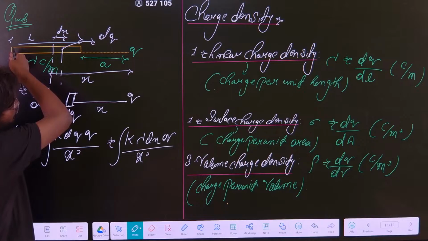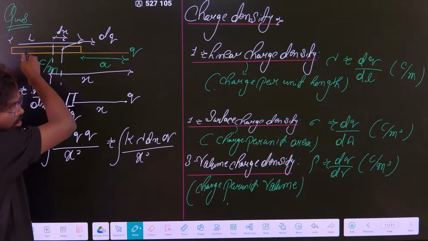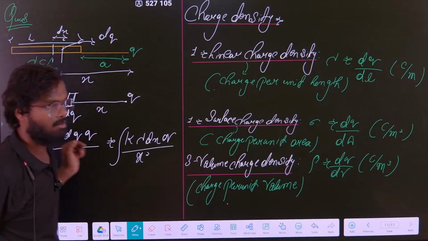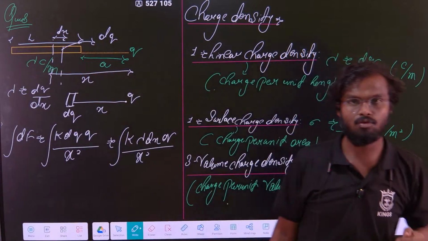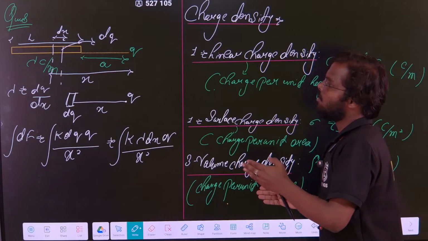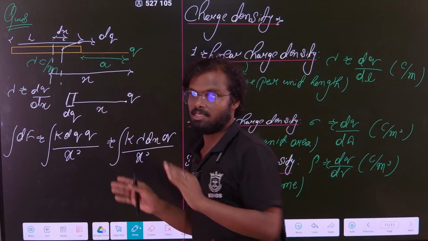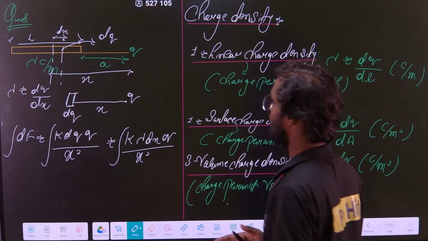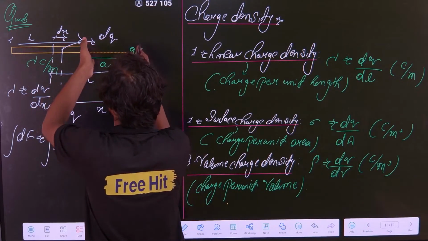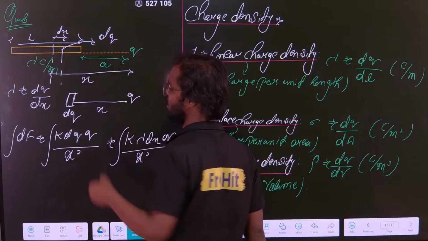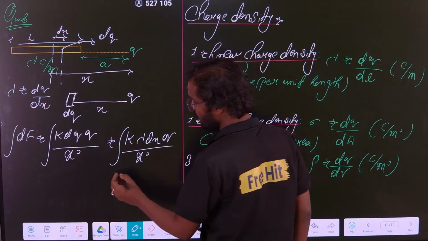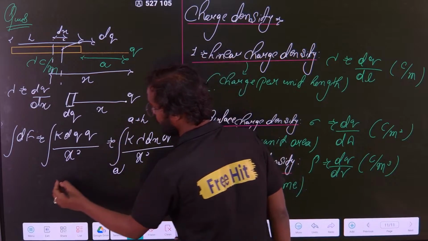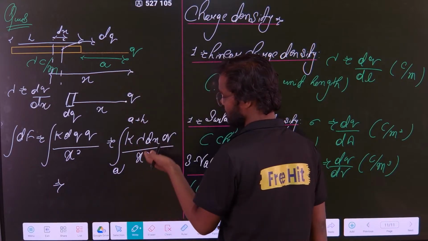Here the value of x is a plus L. So we have to go from a to a plus L. That is the important thing, because the rod is only up to here, there is no rod before it and we are breaking the rod into elements. So we put the limit from a to a plus L. Now you just do the integration. That is a very simple integration.